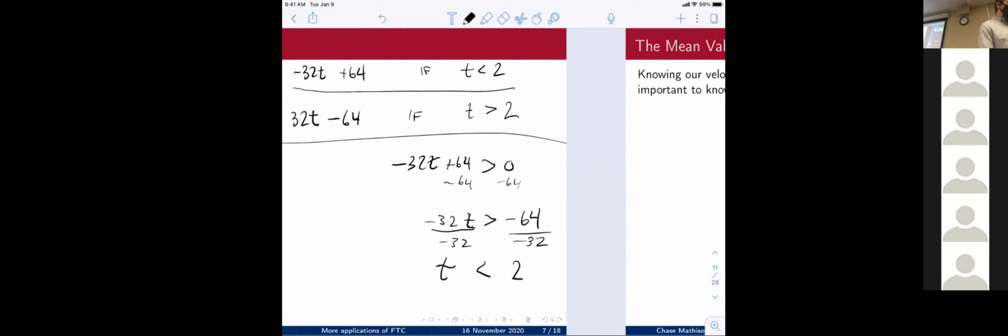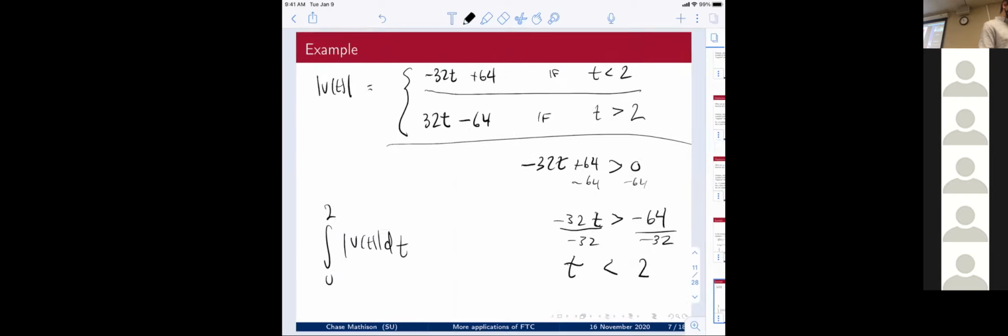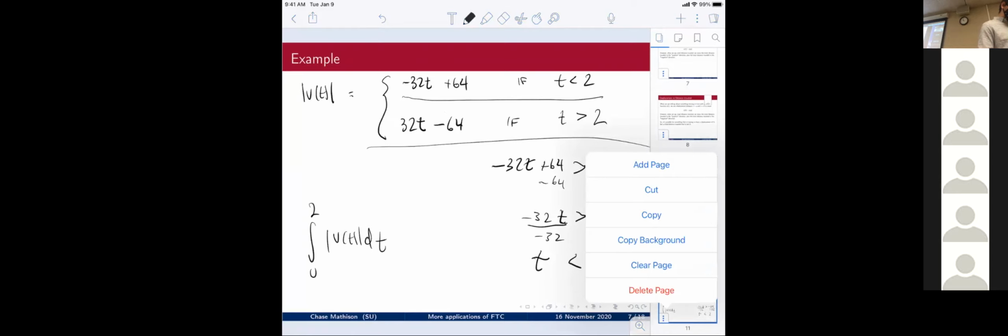Okay, so we are looking at the integral from 0 to 2 of the absolute value of v of t. This is equal to the integral from 0 to 2.